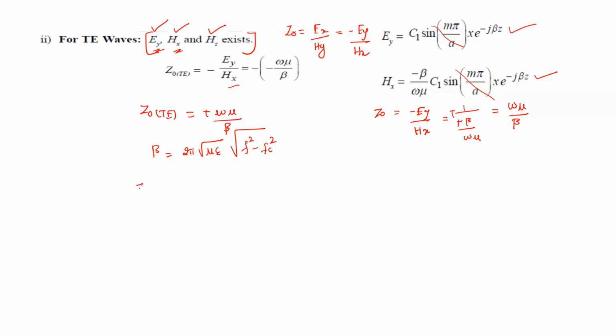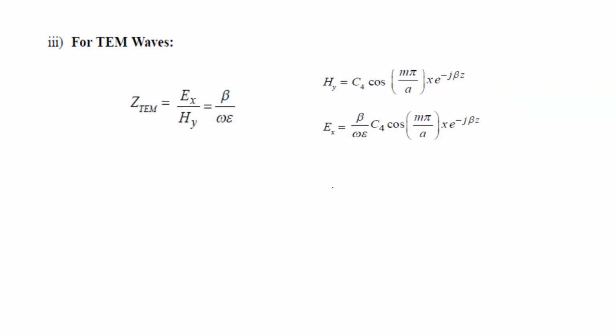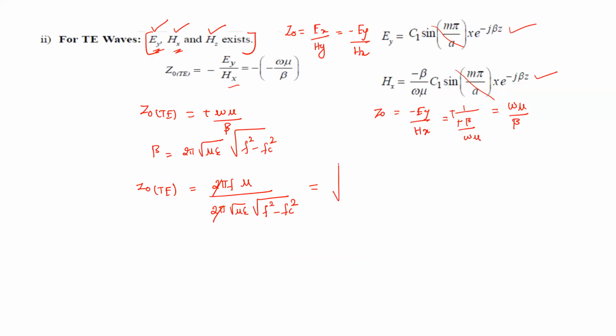By substituting this value of beta in the above equation and simplifying, we get omega is 2 pi f into mu divided by 2 pi root mu epsilon root of f square minus fc square. 2 pi gets cancelled, and if you bring this mu inside the square root, this term can be written as mu square by mu epsilon into f divided by root of f square minus fc square. Mu and mu get cancelled.